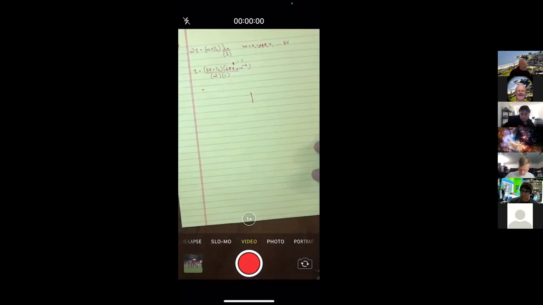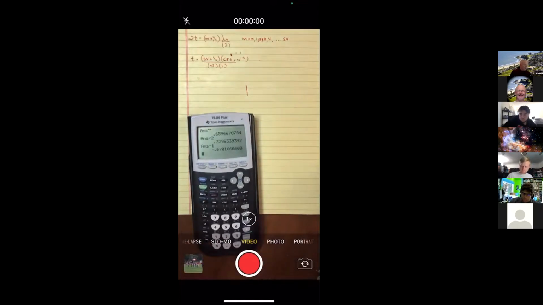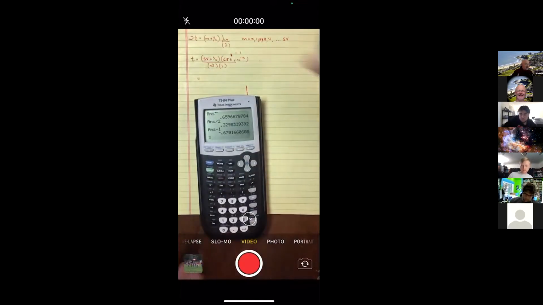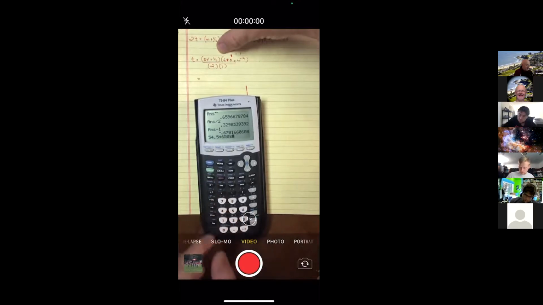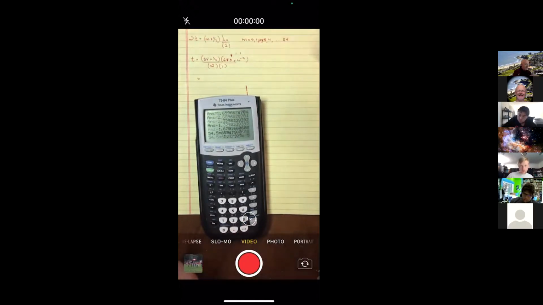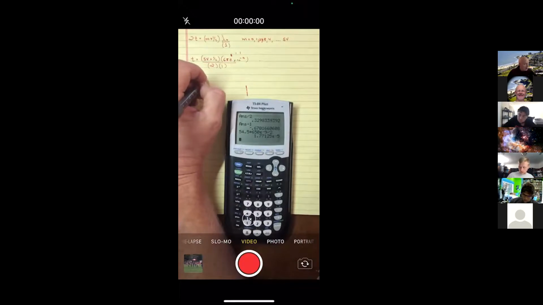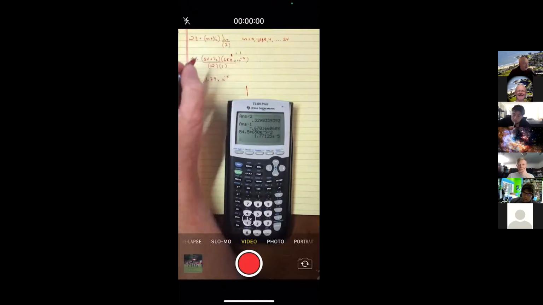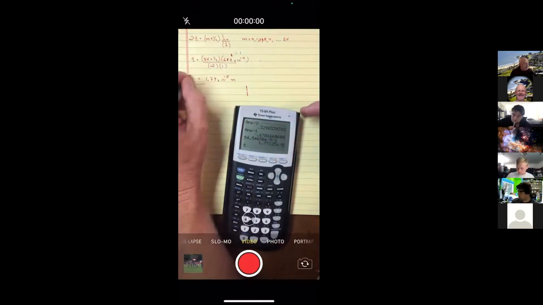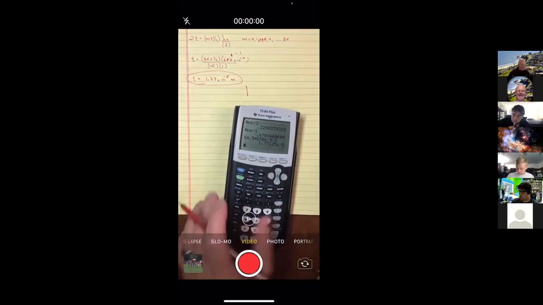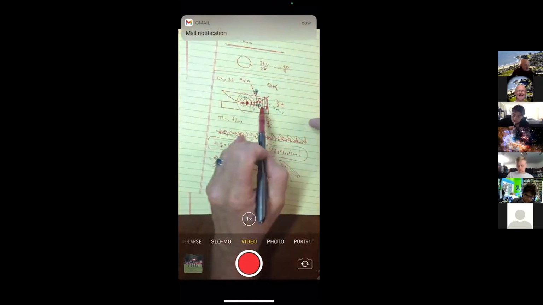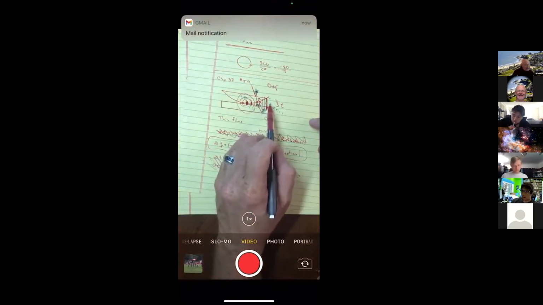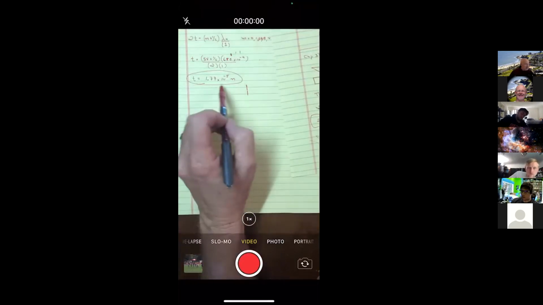If I grab a calculator now, I can then say, okay, what is that thickness? So 54.5 times 650 times 10 to the minus 9 divided by 2. And we're looking at 1.77 times 10 to the minus 5. It looks like I did it in meters. So the thickness at the last ring of the curvature is that number.